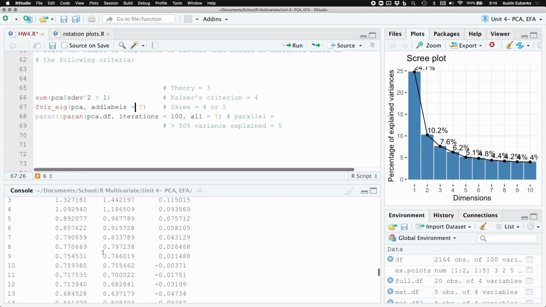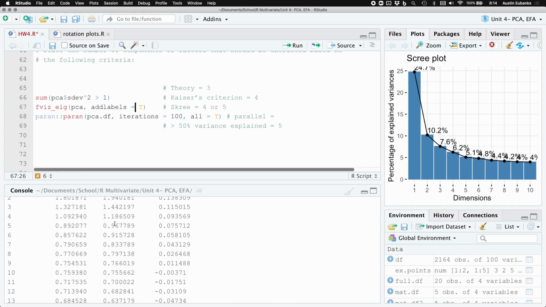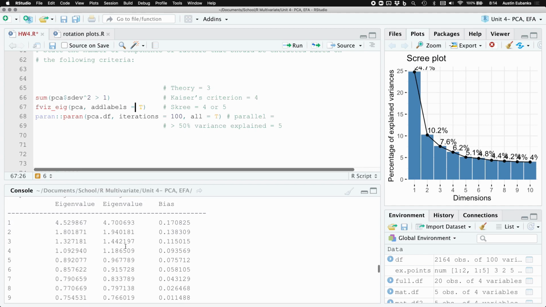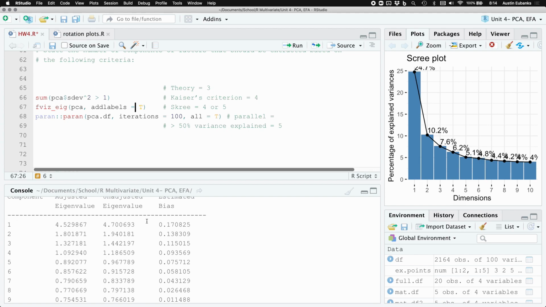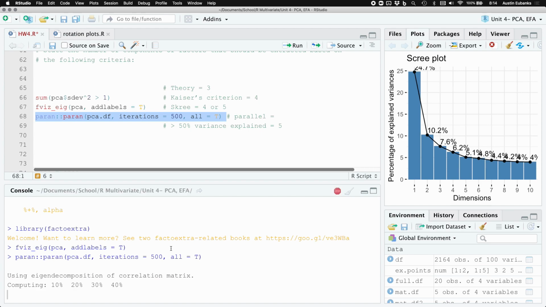Yeah, something's messed up here. I'm also seeing that now too, because that's strange. What if I do 500 iterations just for grins and giggles here? Bear with me.